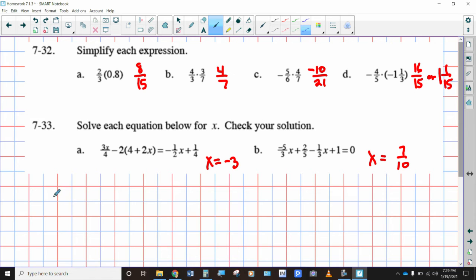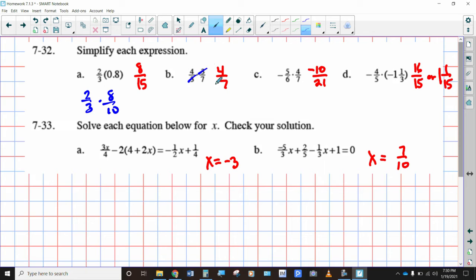All right, last 2 problems. Solving rational number operations where you're multiplying positive and negative rational numbers together. In this case, since I don't want to change the 2/3 to a decimal number, I would change this to a fraction. So this becomes 2/3 times 8/10, which then gets simplified from 16/30 to 8/15.